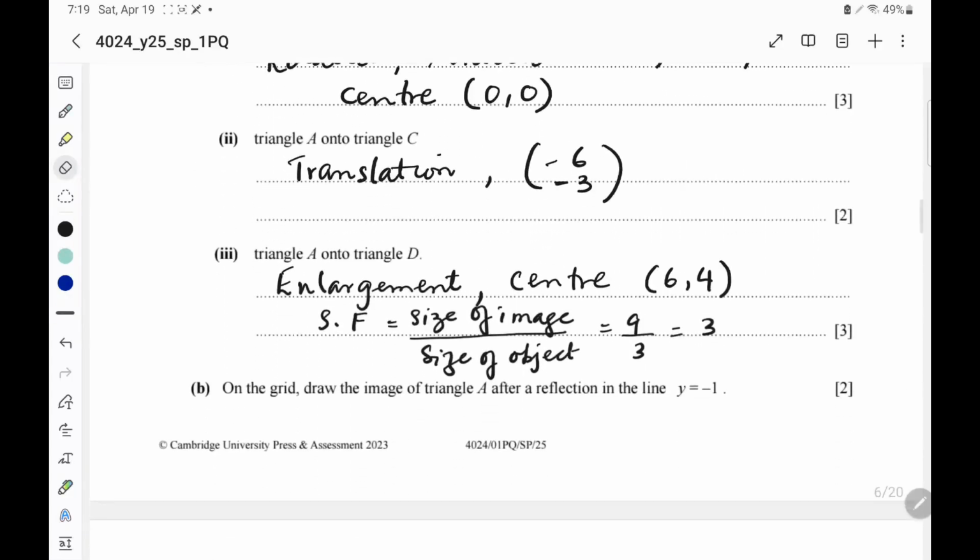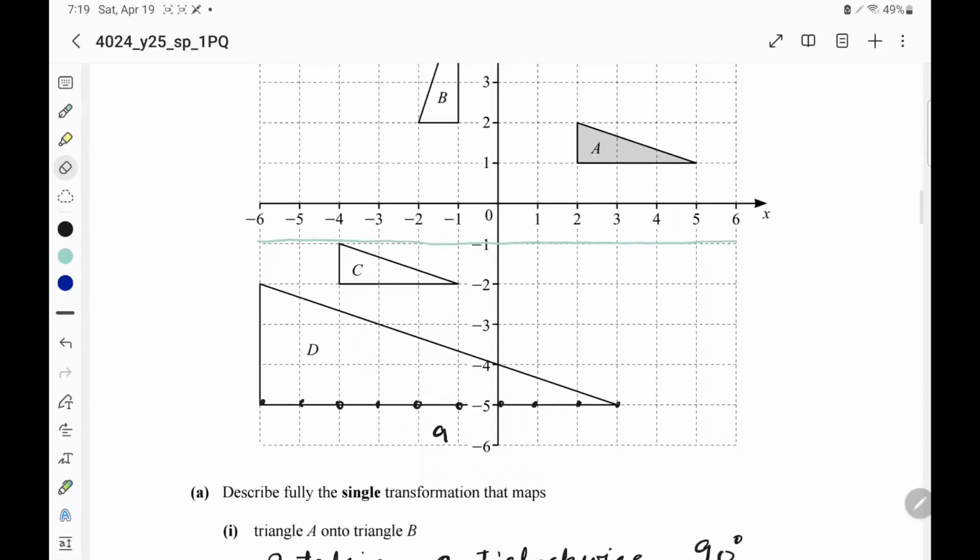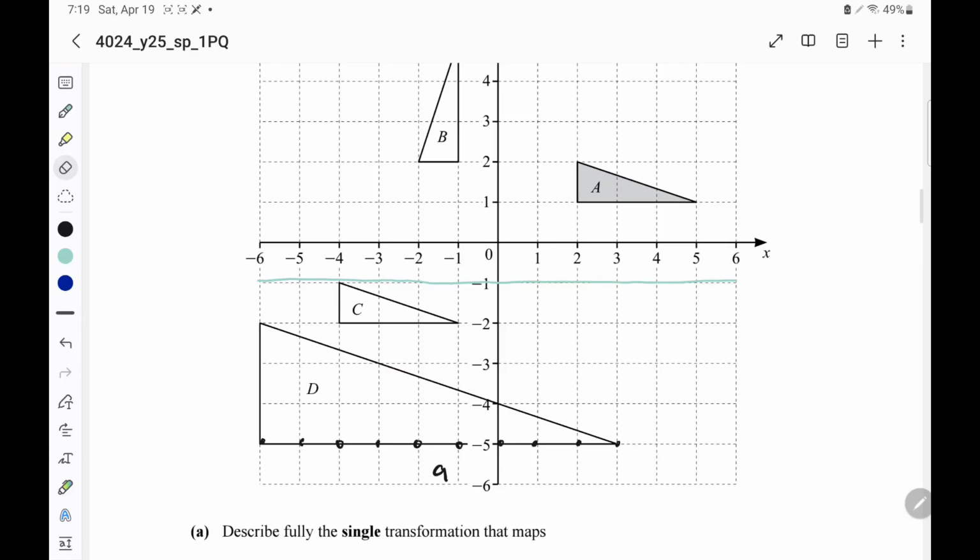Just check. Reflect triangle A. If we are going to reflect triangle A, it's very easy. You just come down 2 boxes, 2 more boxes. This is the point. Do the same thing for all of the coordinates, and these 2 points you have already got.